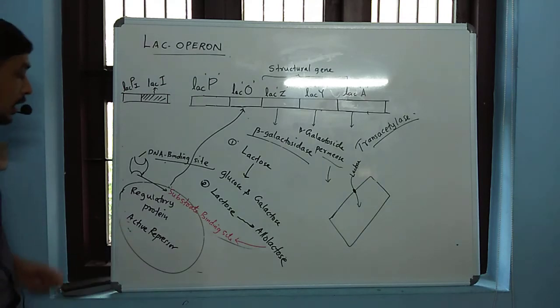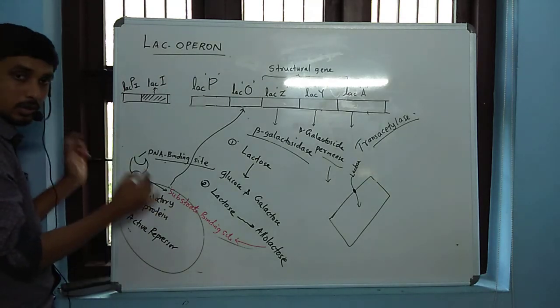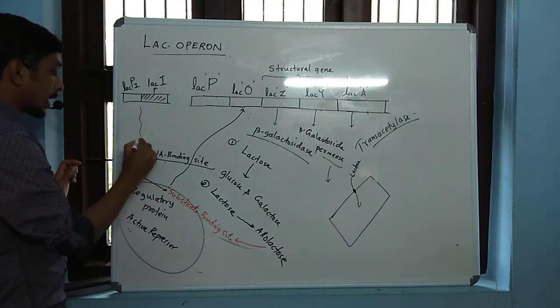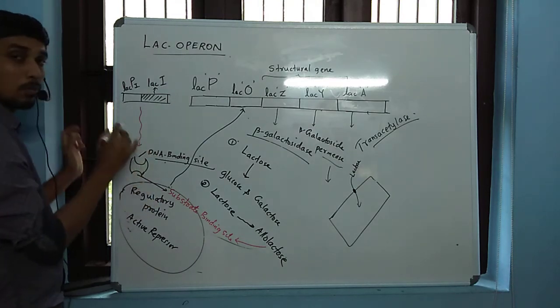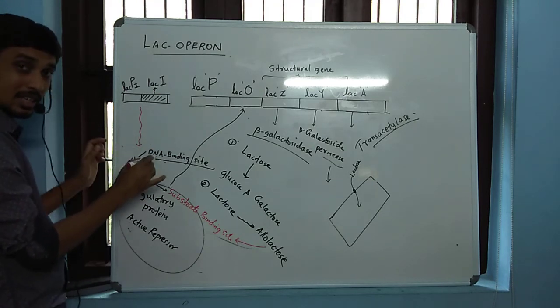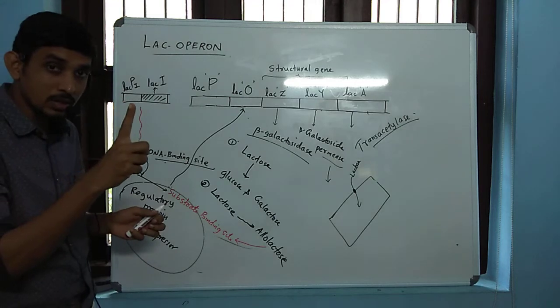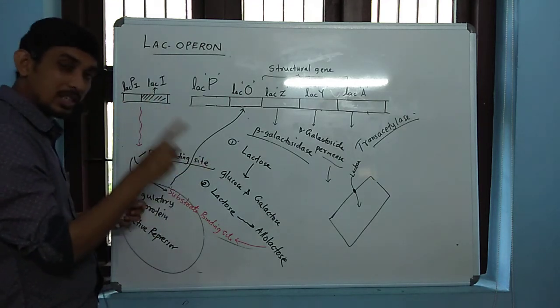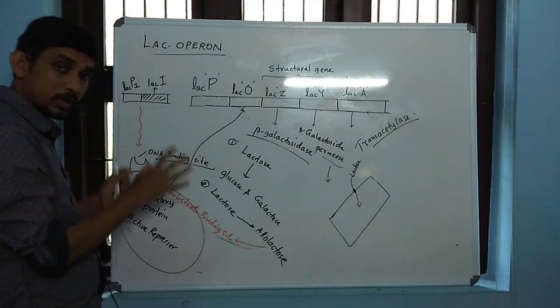And this regulatory protein is encoded by a specific monocistronic gene, which means a gene consisting of only one structural gene and one promoter.